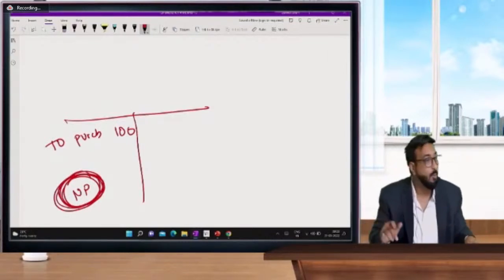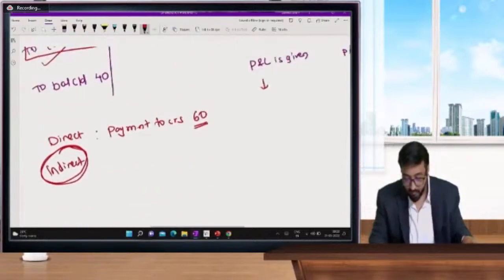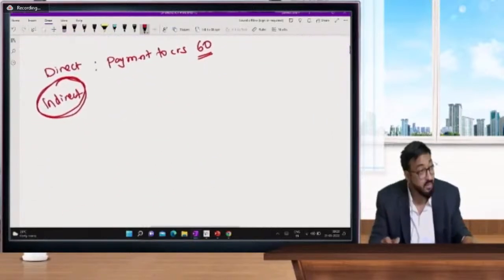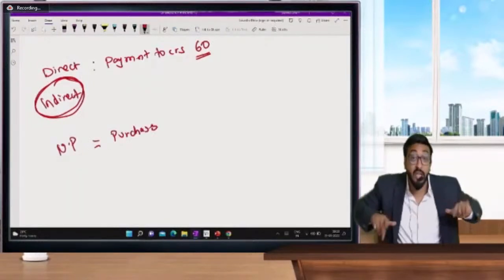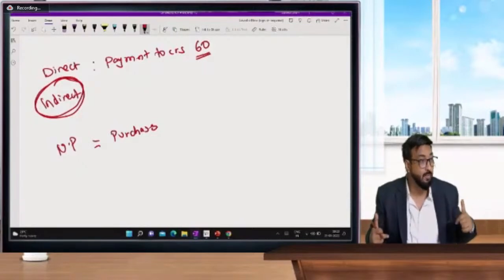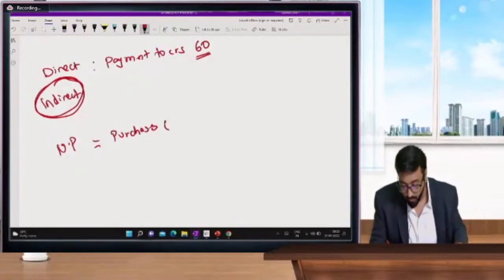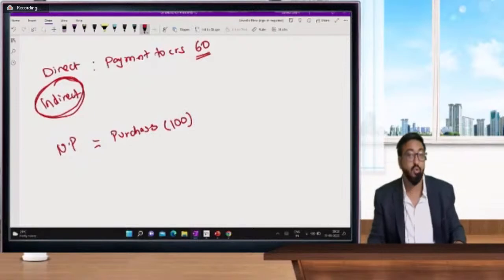And in net profit, you already considered 100 rupees of purchases. Now tell me whether purchases reduced your profit or increased your profit. Reduced your profit. So purchases reduced your profit by 100.